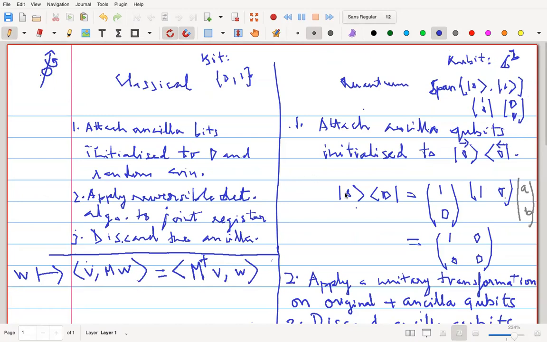If it's rank 1, it can basically be written as the ket times the bra of the same vector. So you can succinctly say it's a pure state, and I will not use the density matrix formalism, I'll just say what this vector ket v is, and then there's bra v out here. People often, in short, say that this is a pure state described by this vector.